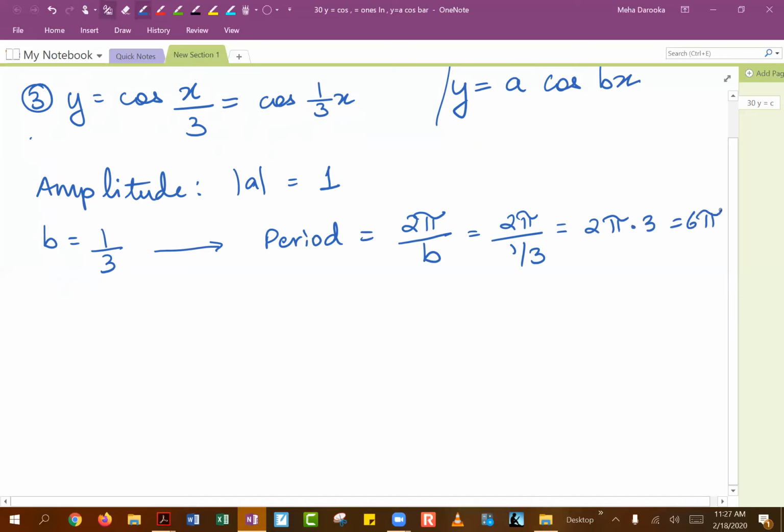So again, if your period is changing to 6 pi, that means we're going to see a horizontal stretch in our cosine function here. Okay, so if your period is 6 pi, that means your period interval is going to be starting at 0 and going to 6 pi.